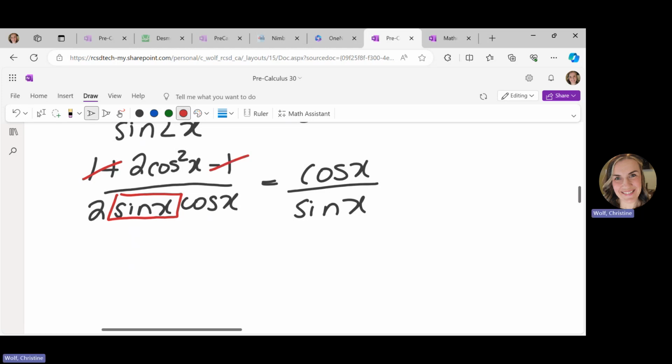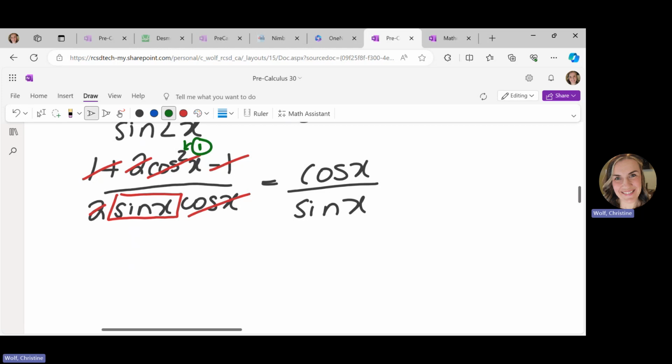I just have a 2 up top now, 2 cos squared x. So the 2's also cancel each other out because they're divided. And then now I can cross off my top cos with my bottom cos, but just remember, you still have 1 cos left up top.